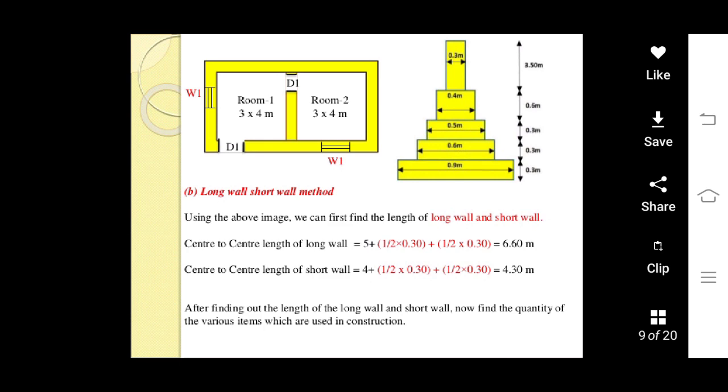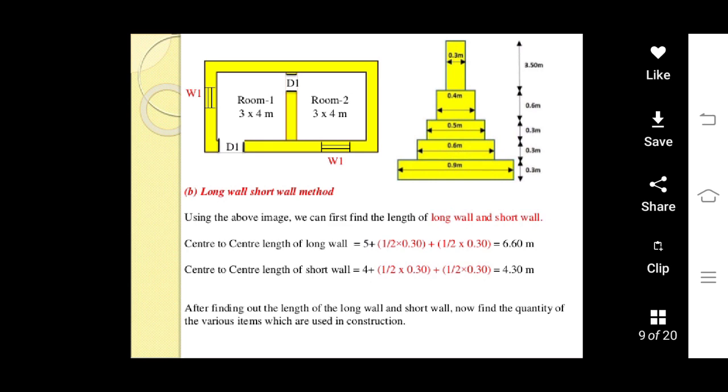In this case we will take the long wall in the x direction. Using the above image or plan given in the problem, we can first find the length of the long wall in the x direction and the short wall in the y direction.